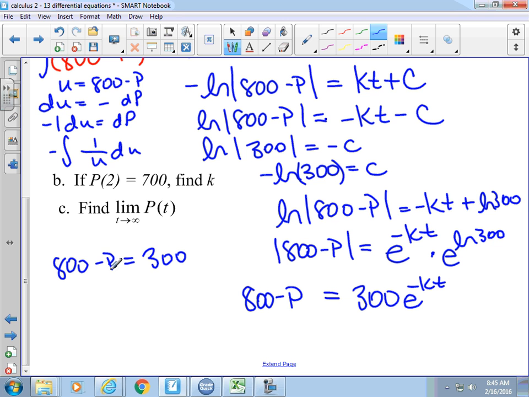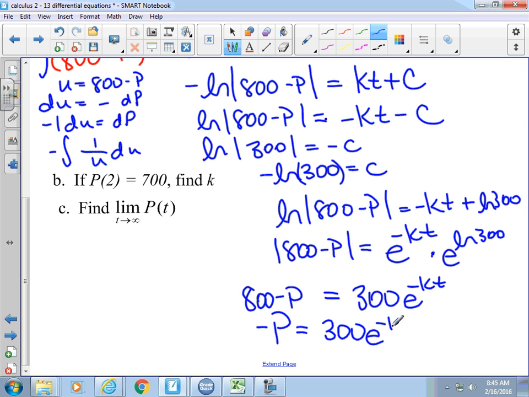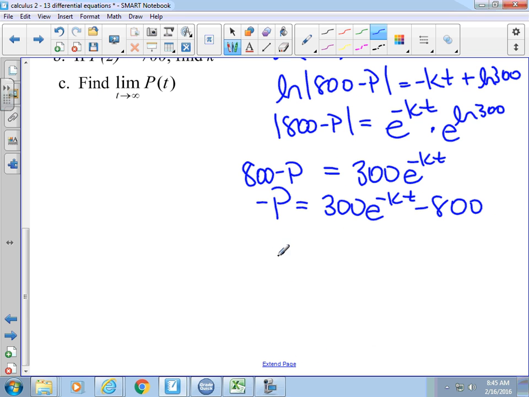Would the positive here be what you get if you put in a positive 500? Yeah. Looks good to me. So we're going to leave it positive. I thought about it. I do want p by itself. Last step, divide by negative 1.